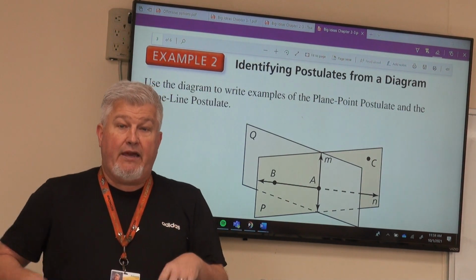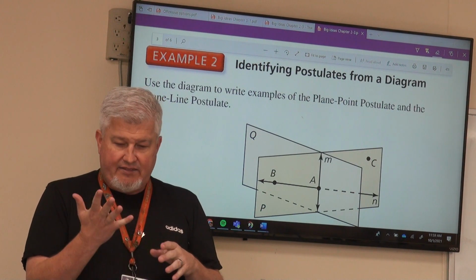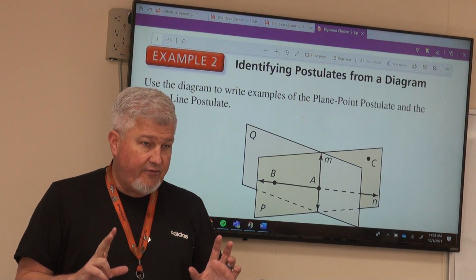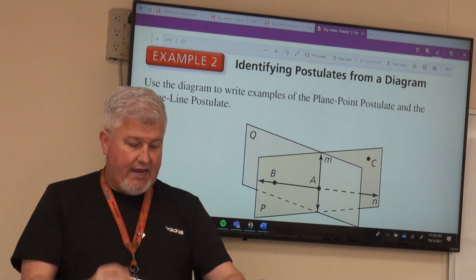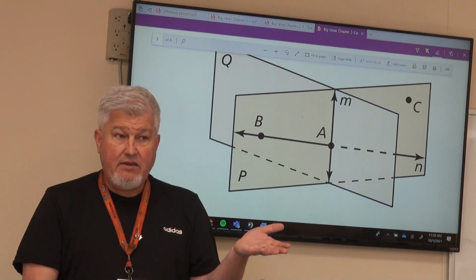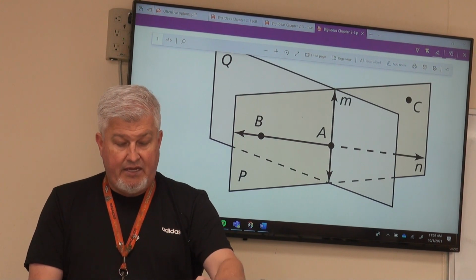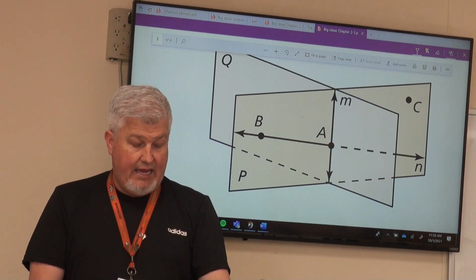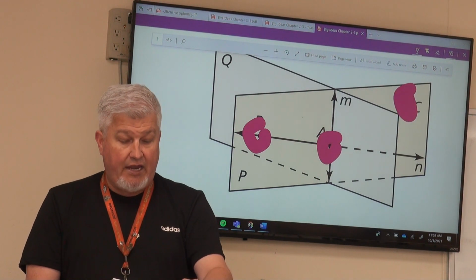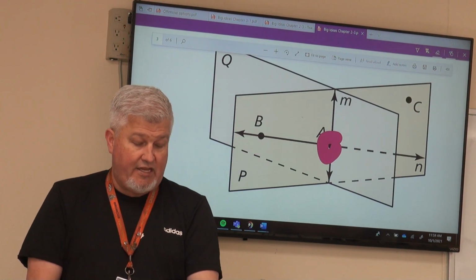A reminder, the plane point postulate states that any plane contains at least how many points, Sophia? 3 points is correct. The only one we can talk about here is plane P, and we see that plane P contains 3 points, A, B, and C. They are not collinear, so that is okay. 2 of them are on the same line, that's fine.